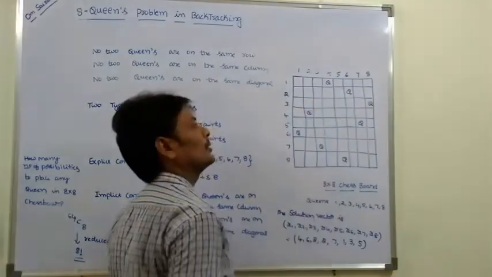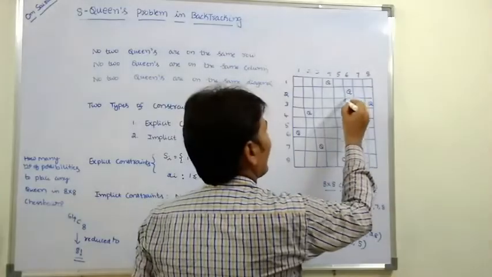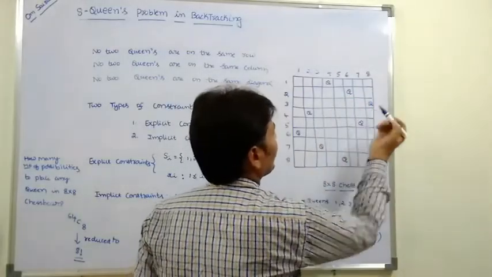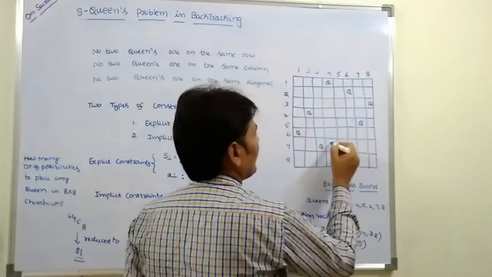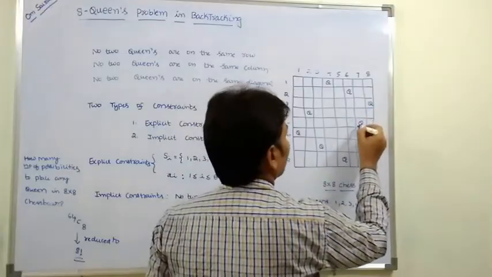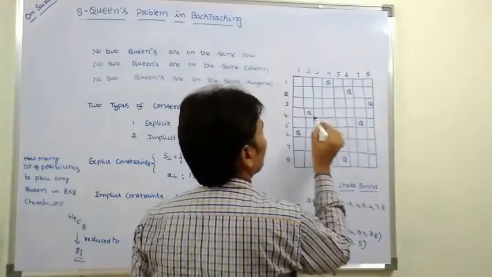So on this diagonal, no two queens are there. On this diagonal, no two queens are there.